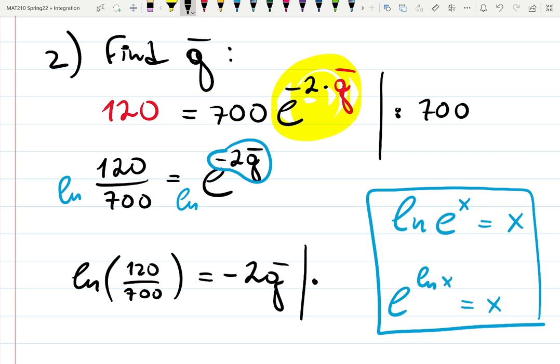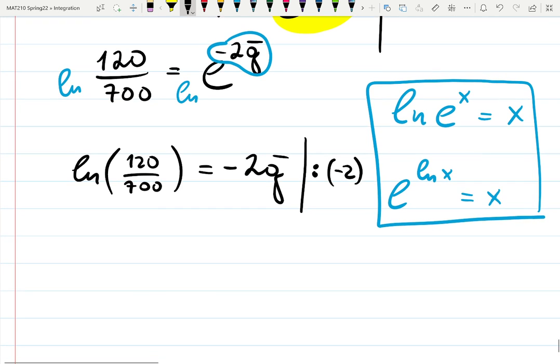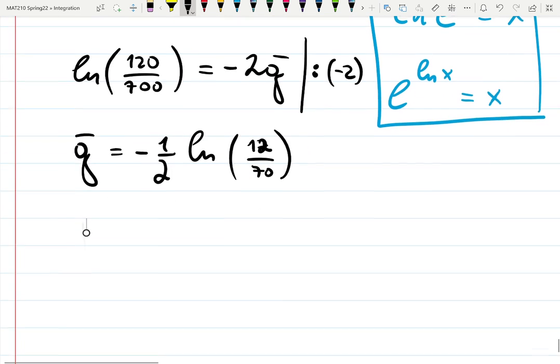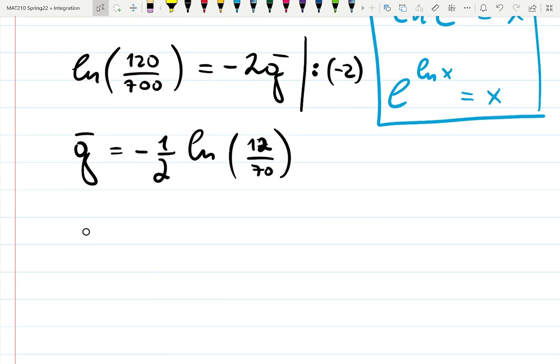Last step is to finally solve for q. Divide by minus 2. Q bar is minus 1/2 natural logarithm of, let's call it 12 over 70, but you can keep simplifying. Isn't it 6? Now I kind of want 6 over 35, right? Yeah.